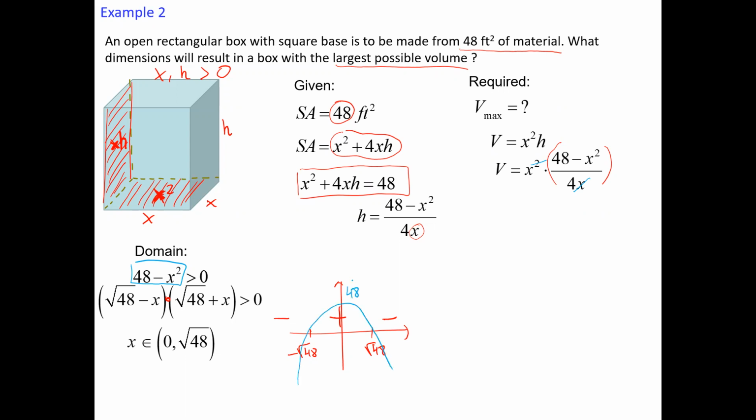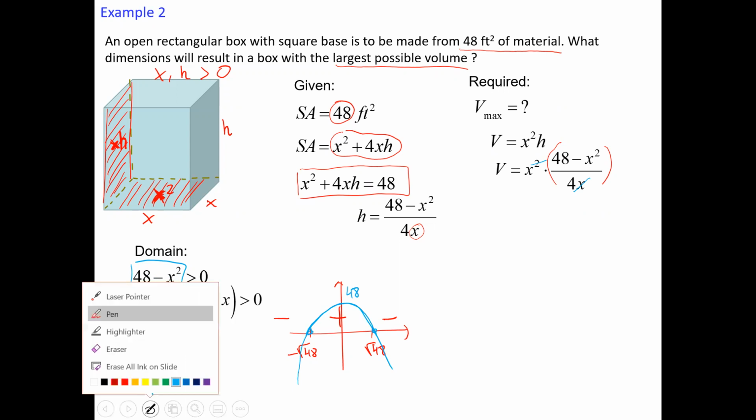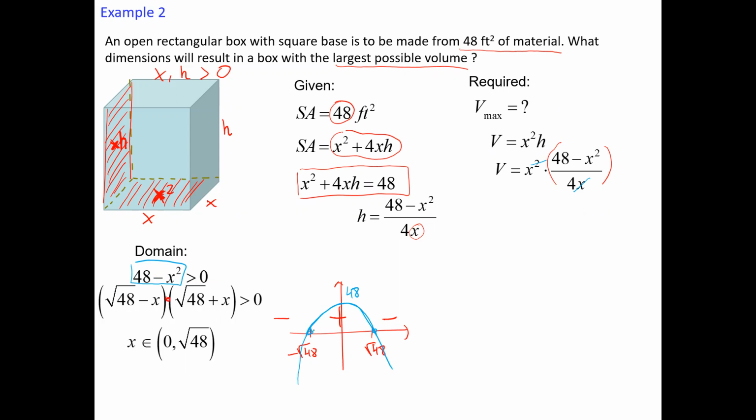It's a parabola opening down, 48 is the y-intercept, and between these points the parabola is above the axis, positive. We can even cut this, because we can't accept negative numbers, only positive numbers. It means from 0 to the positive square root of 48, and that's what I typed.